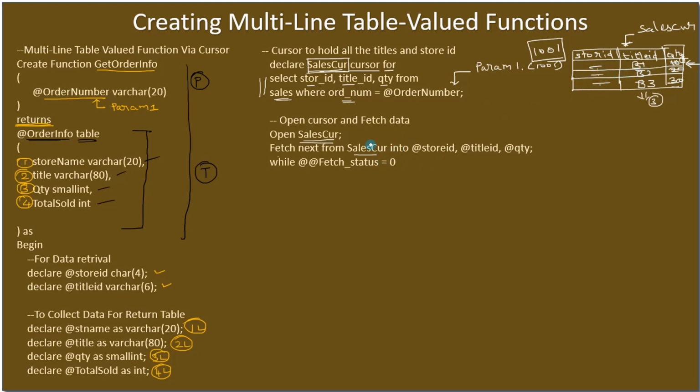So there are 3 columns, and when we fetch, these variables will get filled: store ID, title ID, quantity. And if you see, we already declared those. Store ID is here, that will get filled. Title ID is here, that will also get filled. Here we declared the quantity, and we are filling all these variables.